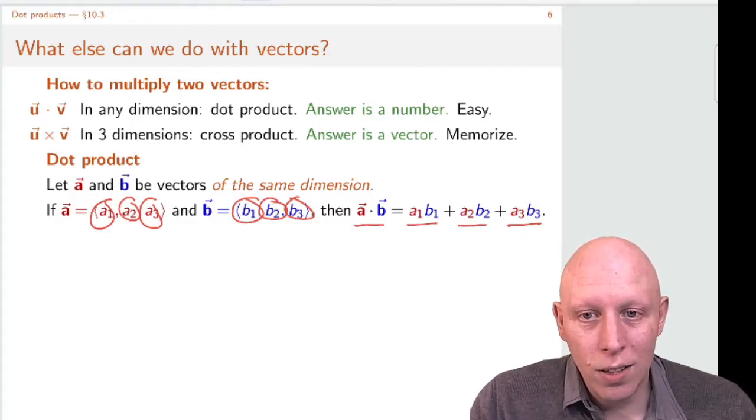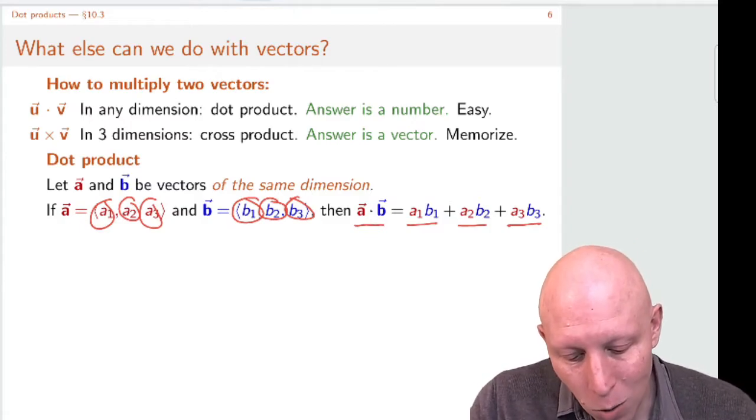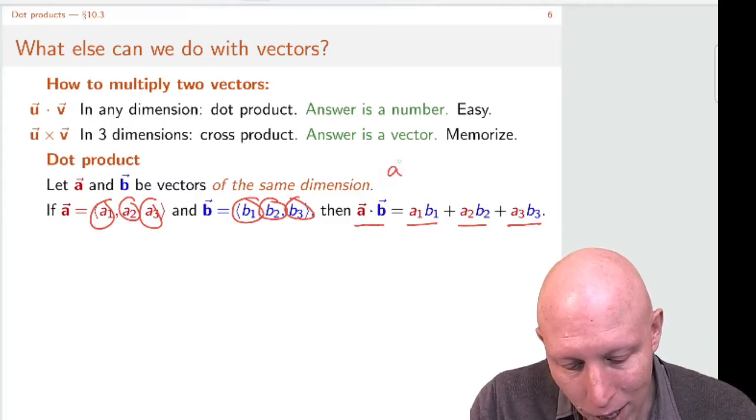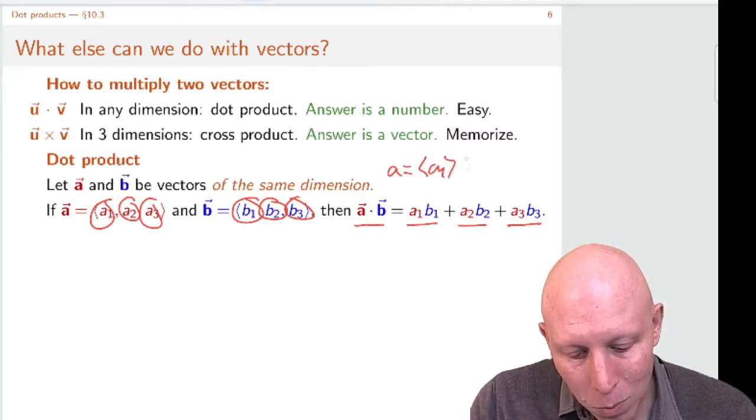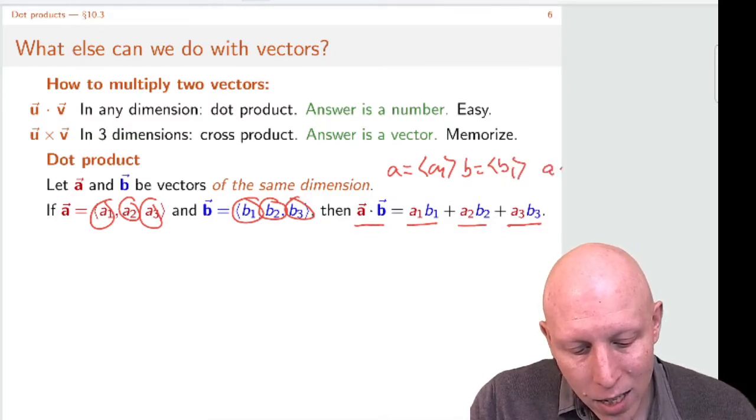So you can see if the vectors are one-dimensional, right? Let's say A is just equal to A1, and B is equal to B1, just two numbers.